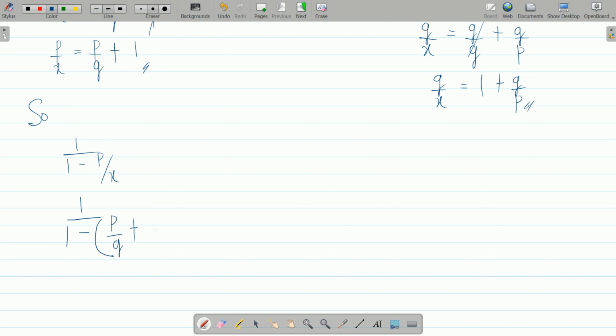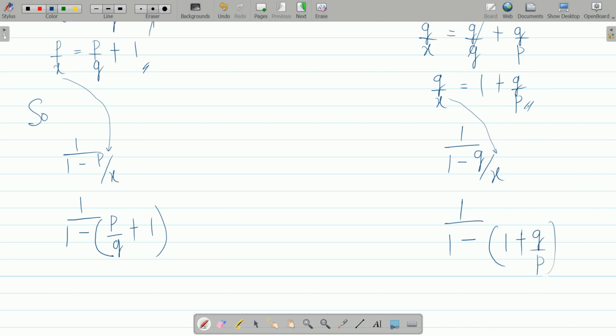Don't forget that our p over x is already p over q plus 1. We repeat the same steps for equation 2. Note that q over x is the same as 1 plus q over p.